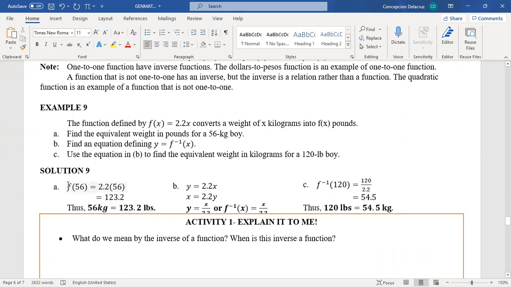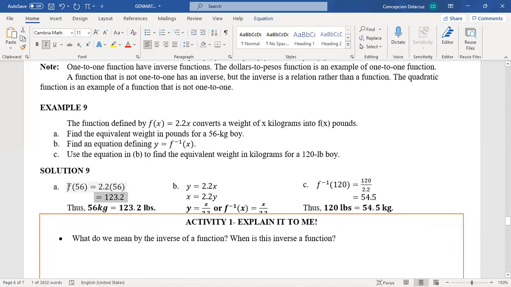So first, we have here the solution. Find the equivalent of 56 kilograms. We have the equation f of x is equal to 2.2x. The x here is 56. So f of 56 is equal to 2.2 times 56. 56 times 2.2, the answer is 123.2.